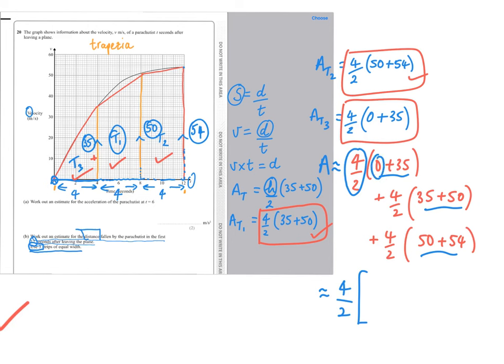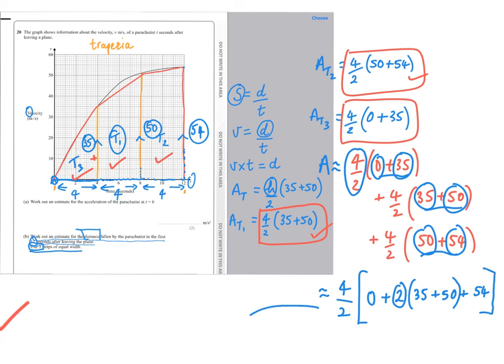The 0 appears once. The 35 appears twice. The 50 appears twice, hence timesing it by 2 outside the bracket. And the 54, well, let's close that bracket because it only appears once.